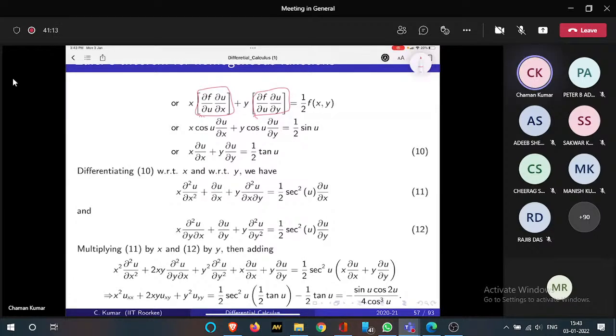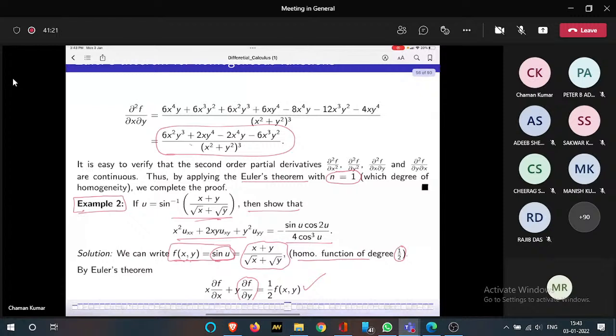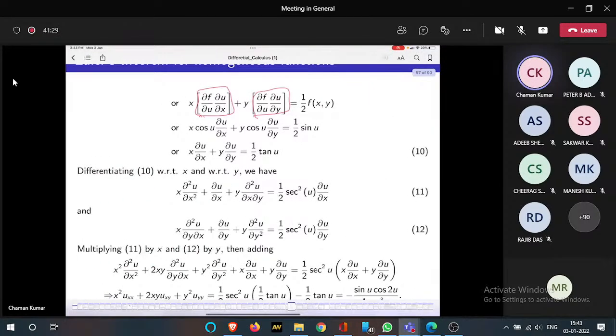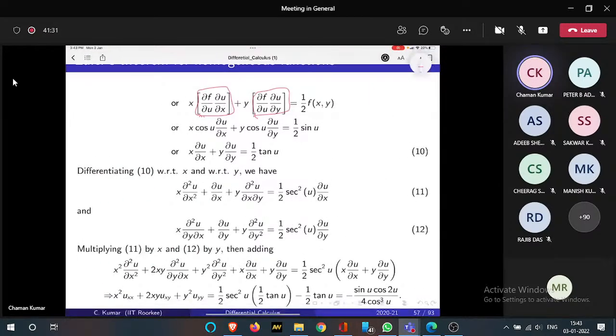Now, when you differentiate f with respect to u, f is sine u. We have said this in the beginning. The derivative of sine u will be cos u, right? So del f by del u will be cos u, and del u by del x stays as del u by del x.